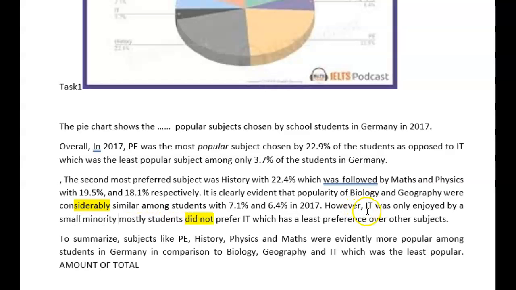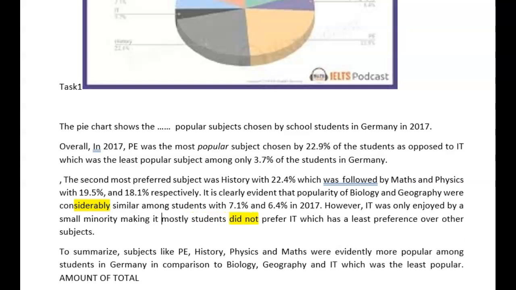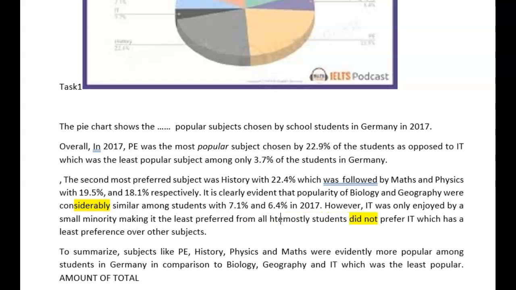So we're going to have to change this from the most popular, the least popular, and the minority at minority with or minority making it, and then you can have the least preferred from all.